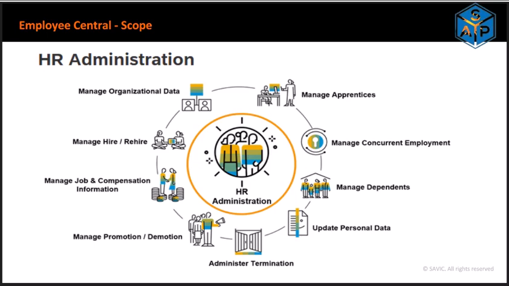All these department functions are different and are considered three different departments, but they are managed by one resource in top management, and this comes under concurrent employment. If we have this type of employment requirement, we can manage it in Employee Central.